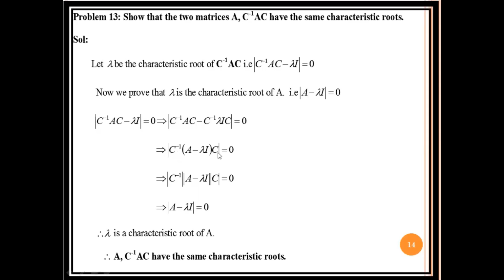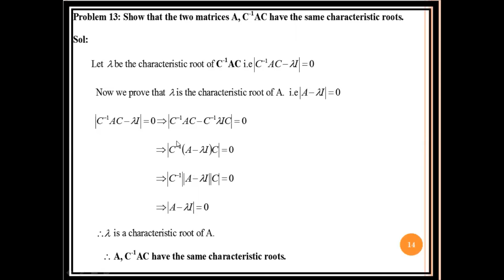This is a determinant. Now split the determinant. What will we get? Determinant of C inverse, determinant of A minus lambda I, determinant of C. Determinant of C inverse is nothing but determinant of C whole inverse, and here determinant of C, and their multiplication becomes the identity, the unit matrix. Actually, whenever we have the determinant of C inverse AC, it is equal to the determinant of A only, simply.